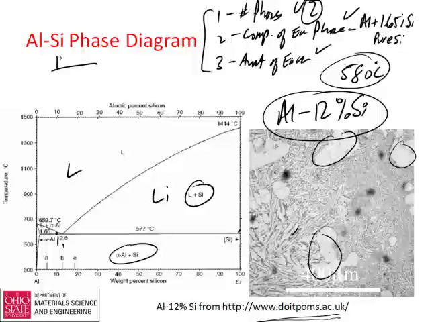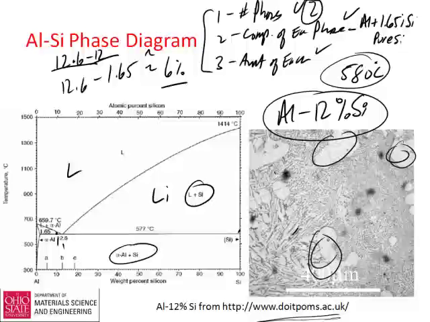It should be 12.6 minus 12, divided by 12.6 minus 1.65, and when you do the math on that, it turns out to be about 6% aluminum. And this looks like a little bit more than 6% primary aluminum, but it's in the right ballpark. That looks like about 10%, so the composition might be a little bit off.